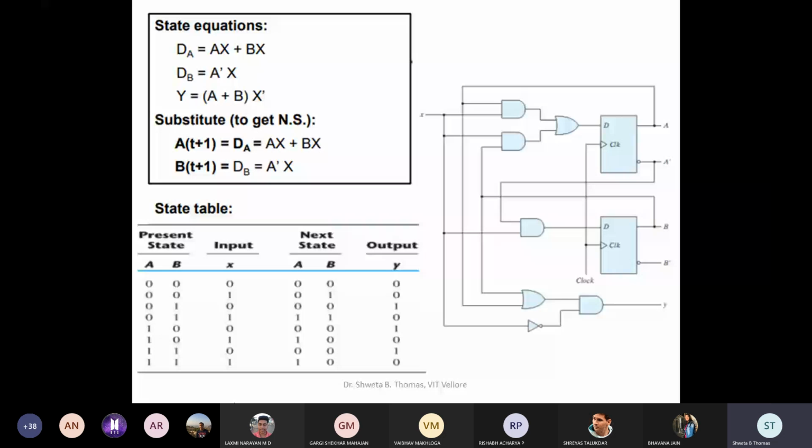In the same way, you can have the output Y, which is nothing but (A plus B) multiplied by X complement.